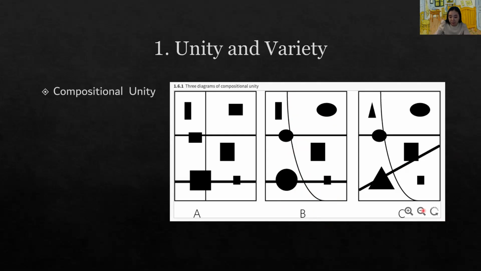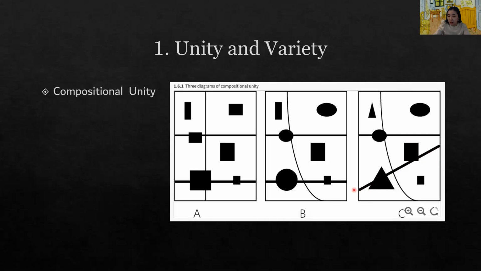However, let's look at the C diagram. By moving the bottom thick line to this position, this line connects the bottom triangle and the middle rectangle.